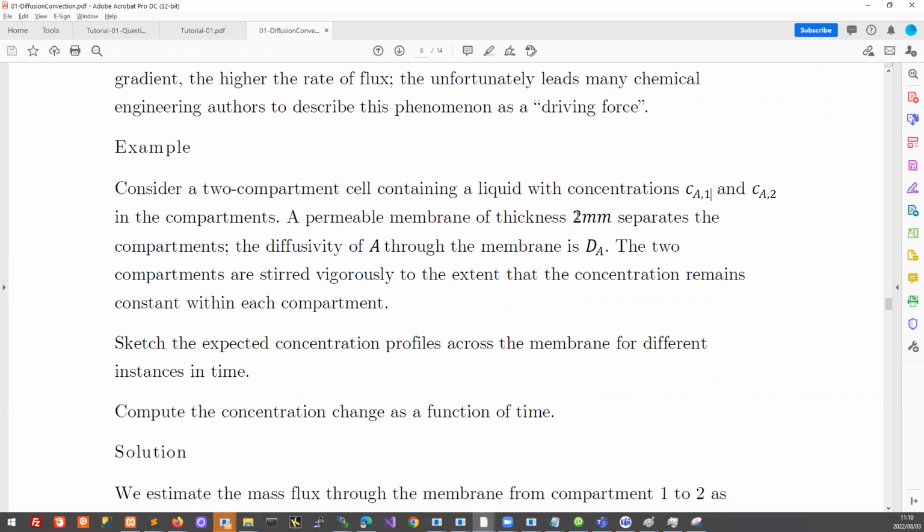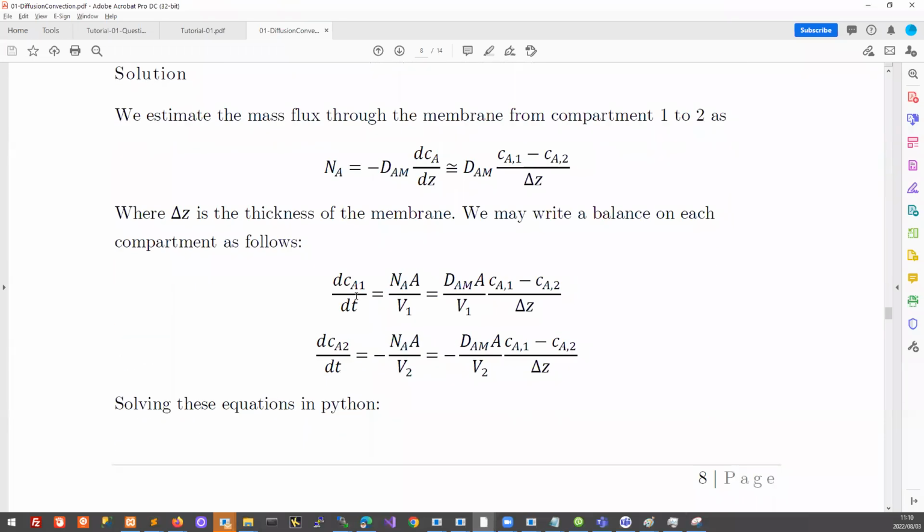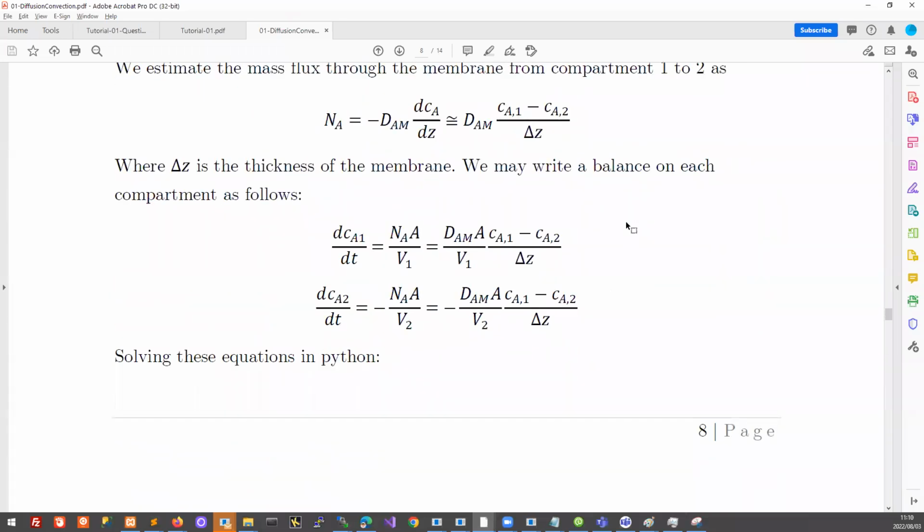We have this membrane here and then the diffusivity, and we can sketch the profiles as we've done, but we can also derive the equations for the rate of change of these concentrations. So we know that the molar fluxes are defined this way. So we've said from Fick's law, we can get a molar flux like this.